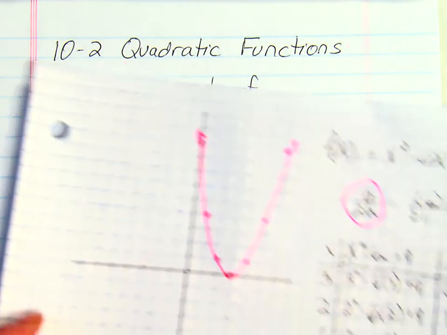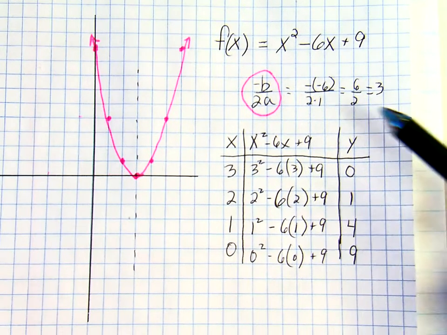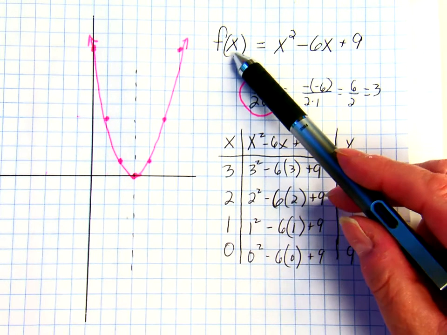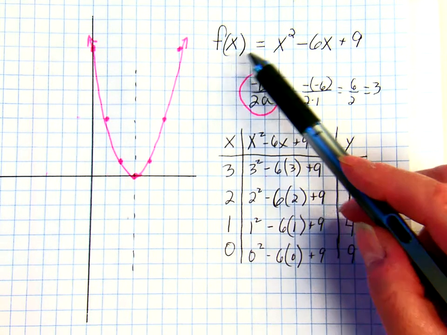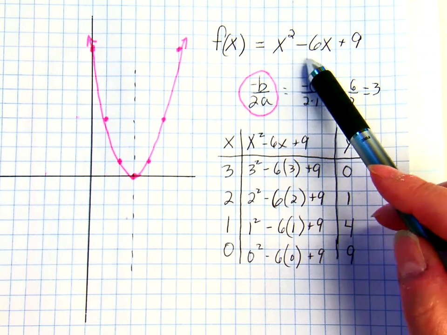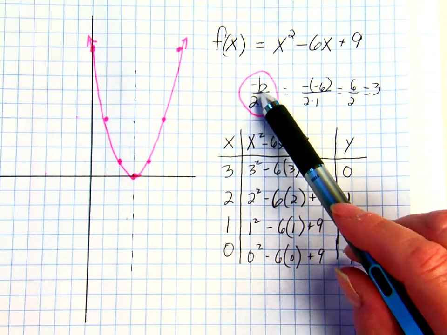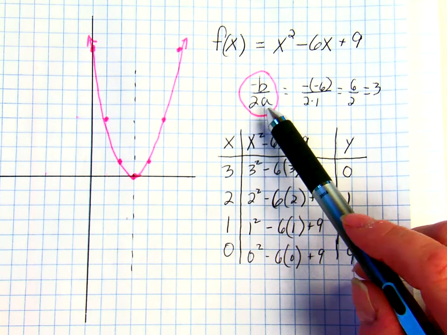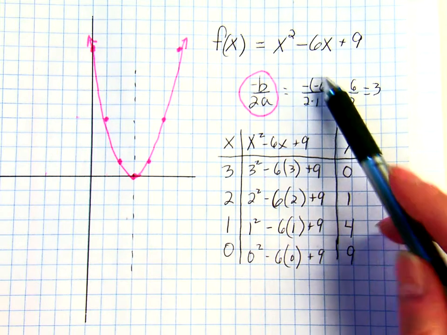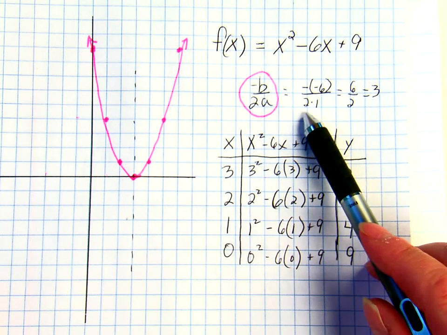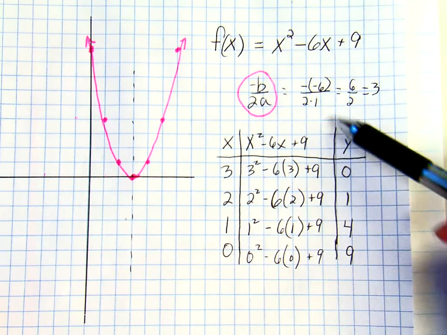So here we have a problem that I have worked out. F of x, of course, we understand that that is the same as y. The function of x is equal to x squared minus 6x plus 9. So using our negative b over 2a, we have negative 6 over 2 times 1, because we have a 1 there for x squared.